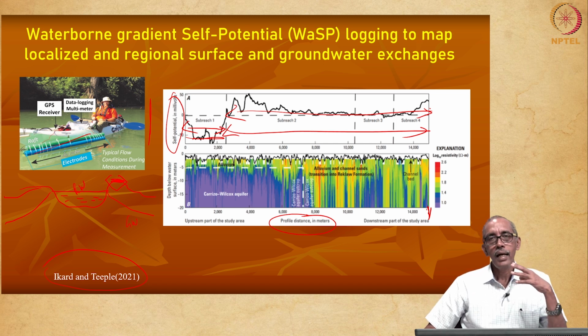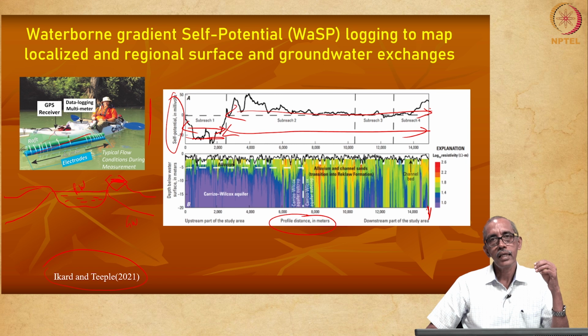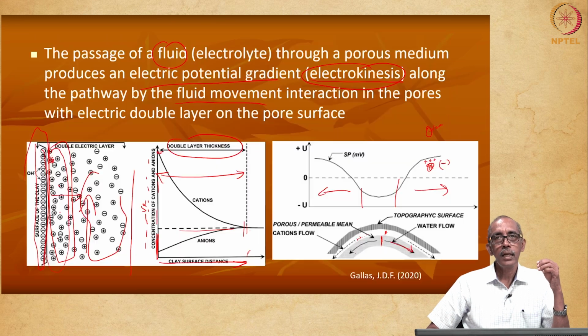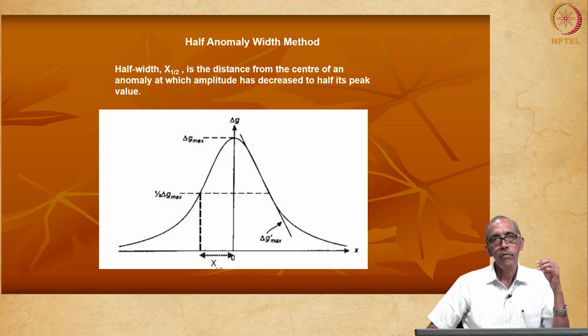So, we had a look into different methods of cell potential in the previous lecture. In this lecture, we commenced by looking into how we can estimate the depth of buried ore bodies from the half anomaly width, right.